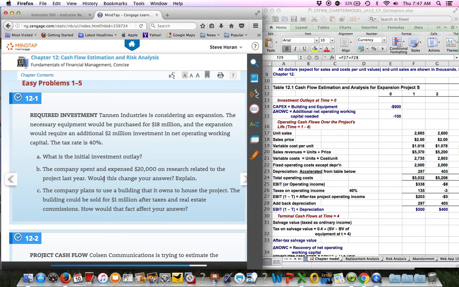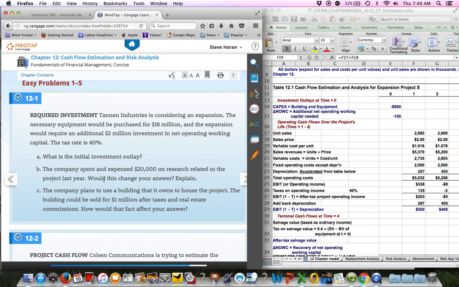B is the company spent and expensed $20,000 on research related to the project last year. Would this change your answer? Explain. And the answer would be no. The reason is because this is a sunk cost that happened in the past and does not represent what we'll call incremental cash flow. And remember that incremental cash flow is cash flow that's changed from the base case.